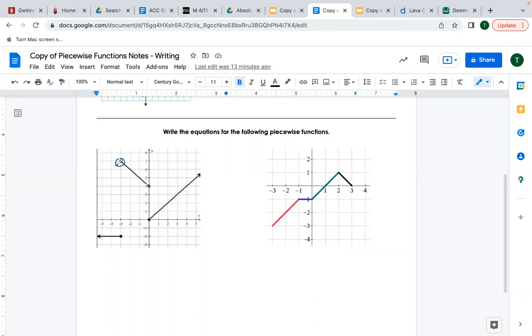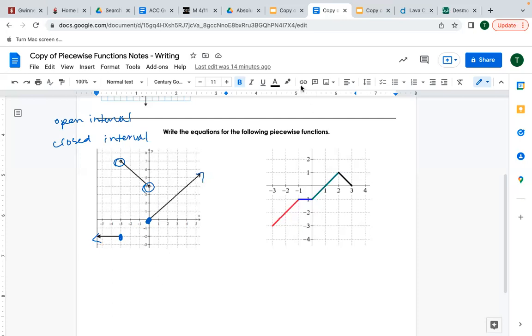If it's an open circle, that means it's an open interval, and I'll explain that in just one second. If it's a closed circle, that means it's a closed interval. So that you have to pay attention to. This is a closed circle, and this is kind of hard to see, this is open, and then this has an arrow, and this has an arrow.